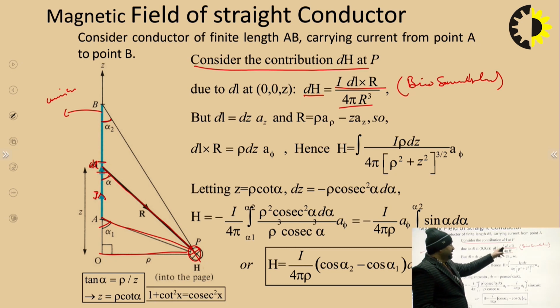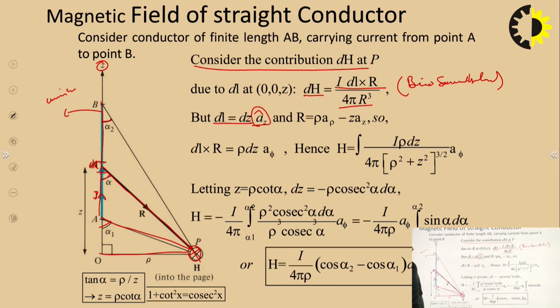Then dH is equal to I dl cross aR upon 4 pi r cube. Since the conductor is a line, dl is equal to dz az, the line is distributed in the z direction, and r is defined as rho into a rho, so dl cross aR.